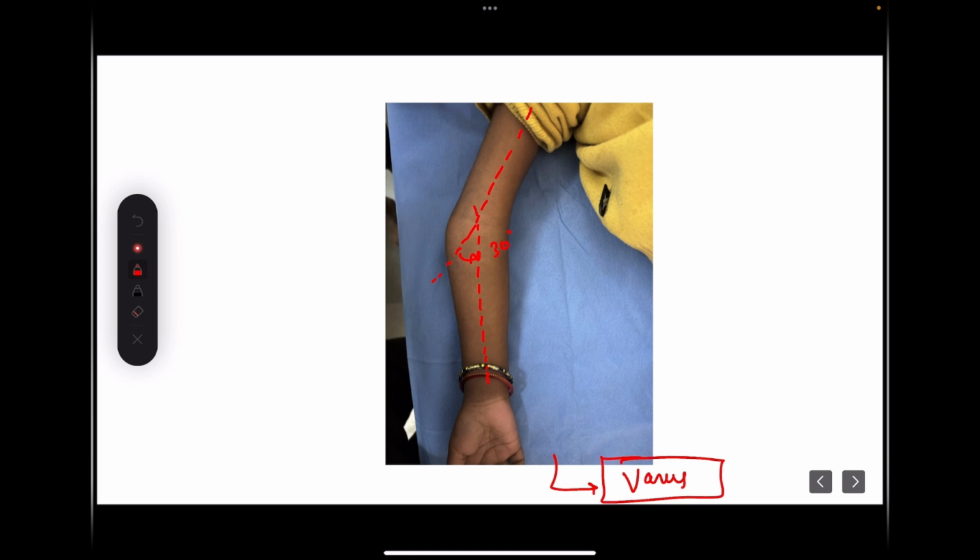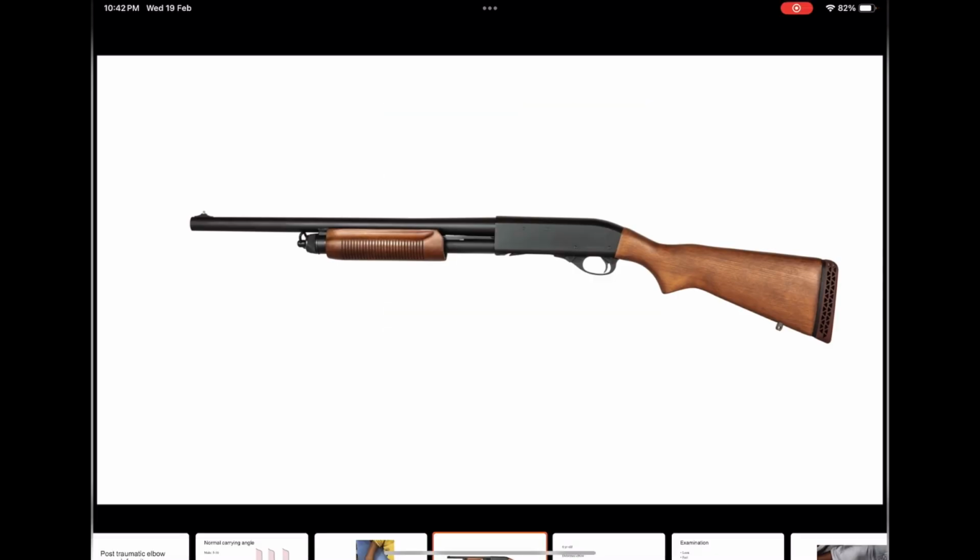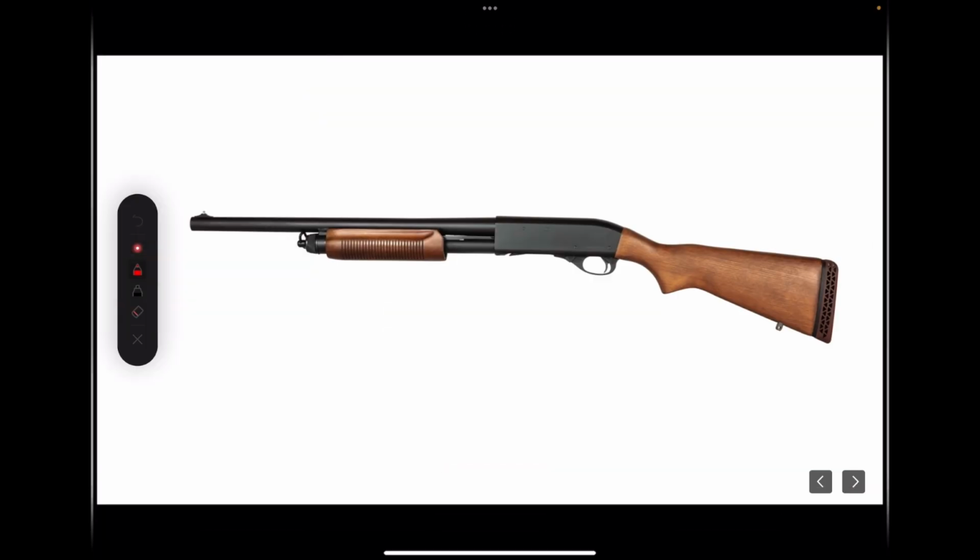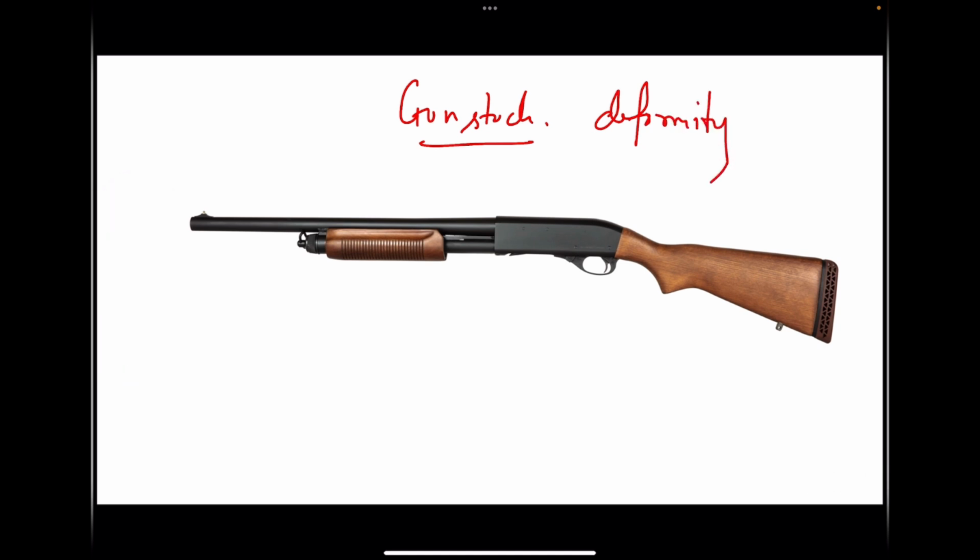This is a child who presented to us with this deformity of cubitus varus. We will be discussing a case in this presentation. This deformity looks similar to a gunstock, so we also call it gunstock deformity.